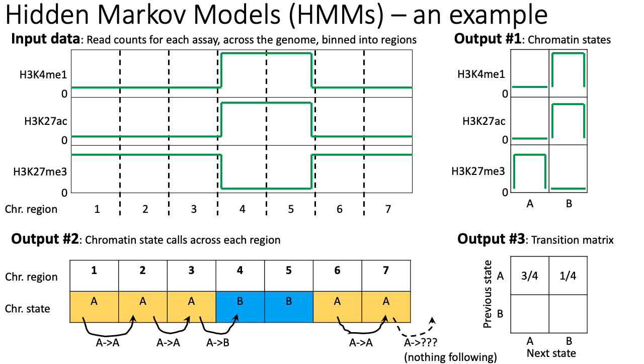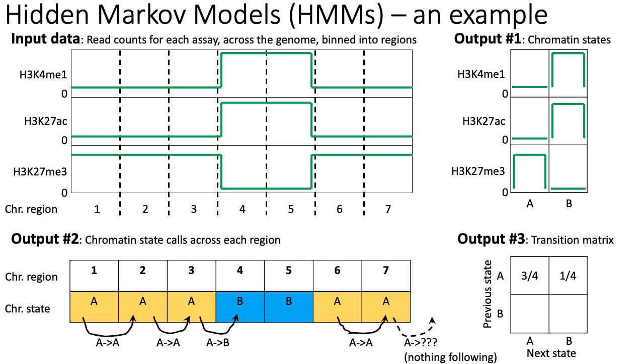Let's identify all the regions across this genome that were labeled as A. You can see from output number 2 that regions 1, 2, 3, 6, and 7 are labeled as chromatin state A. Because the top row of this transition matrix tells you, if you are in state A, what is the probability of the next state over being an A or B, we can fill out the table by counting how many times we see each state in the next position over.